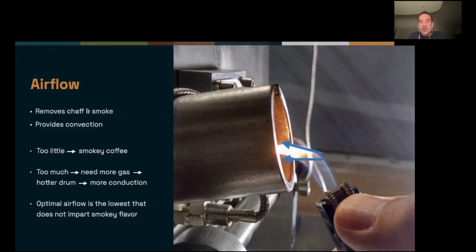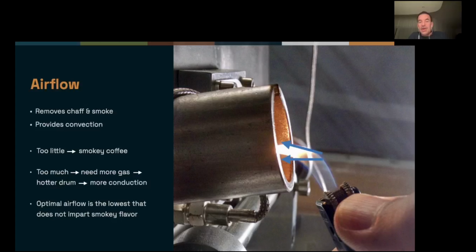The burner is at a certain temperature, and then when you increase airflow, you're just pulling that air faster through the drum at a lower temperature. So you're not actually getting more convection because the air is cooler. But since you are pulling heat out of the drum faster, you're going to need to adjust your flame larger in order to compensate for that heat loss.